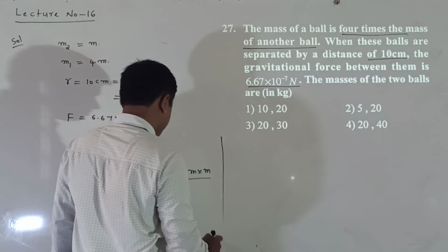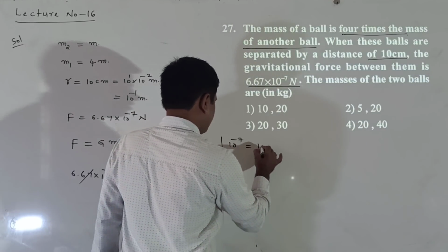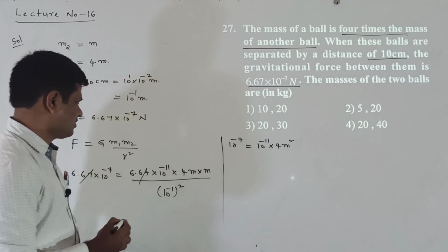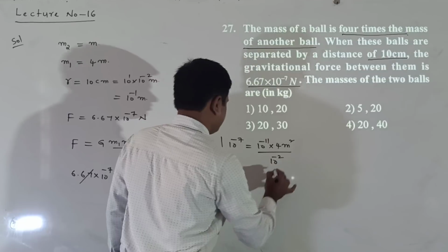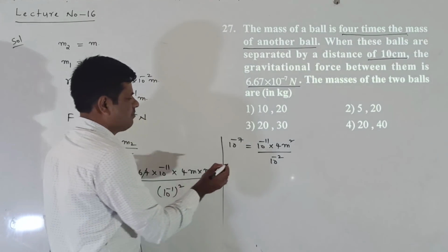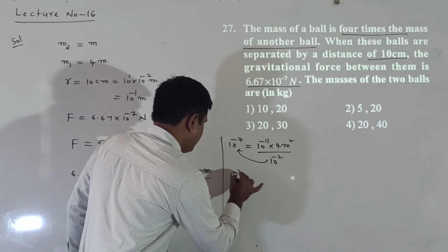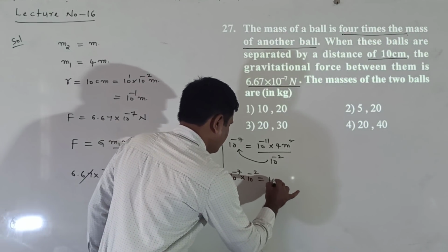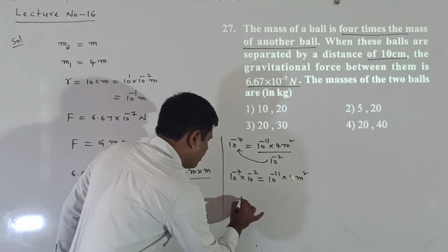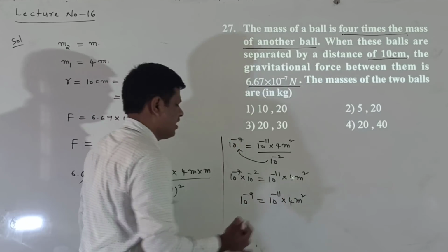The remaining: 10 power of minus 7 is equal to 10 power of minus 11 into 4m square by 10 power of minus 2. Cross multiplication means 10 power of minus 7 into 10 power of minus 2 is equal to 10 power of minus 11 into 4m square. So 10 power of minus 9 is equal to 10 power of minus 11 into 4m square.